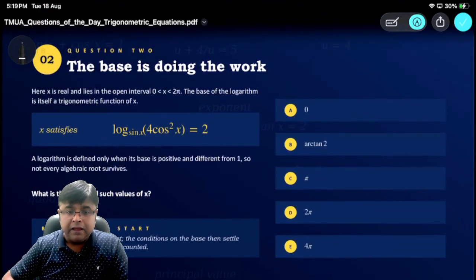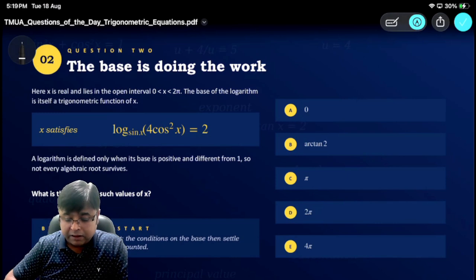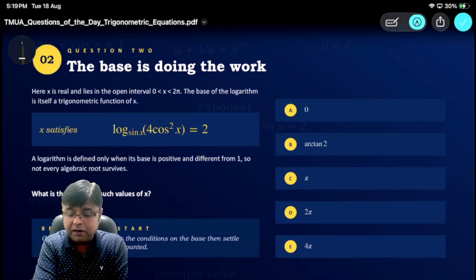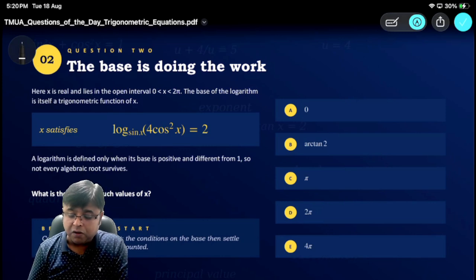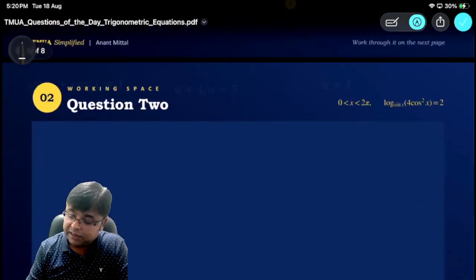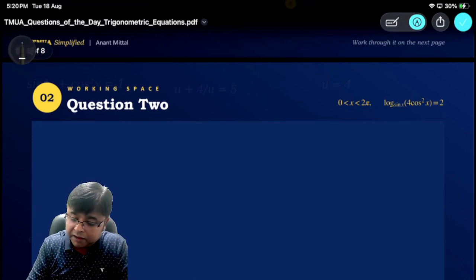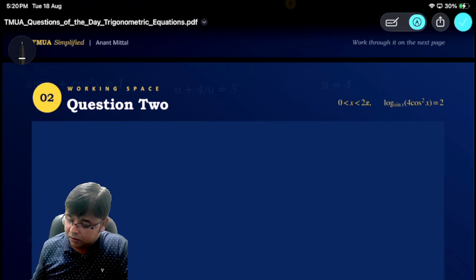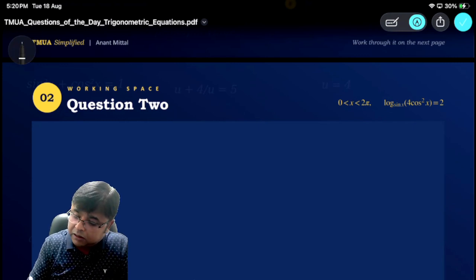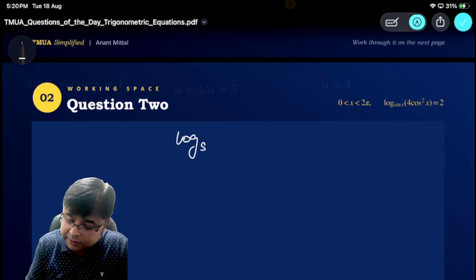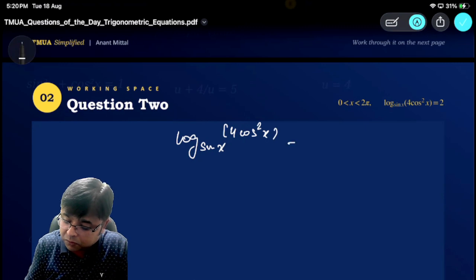The next says x is again a real number, lying in the open interval, 0 not included, 2 pi not included, right? And the equation to be solved is log base sine x of 4 cos square x equals 2. So let's work it out.